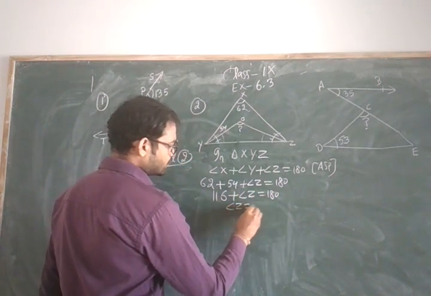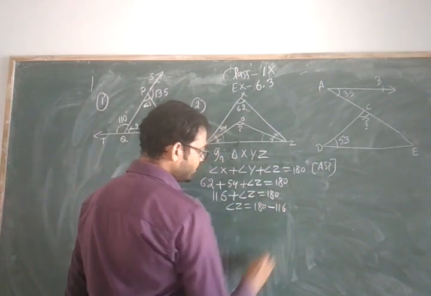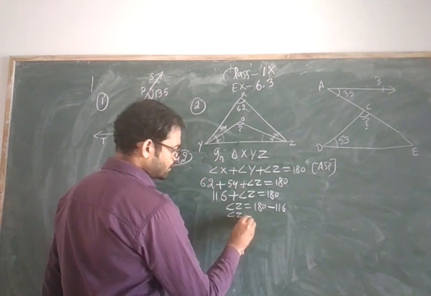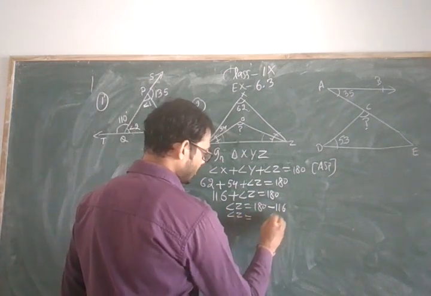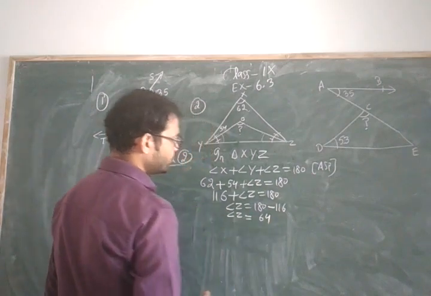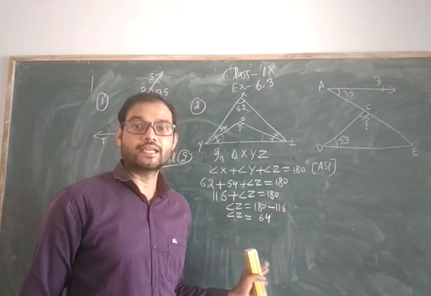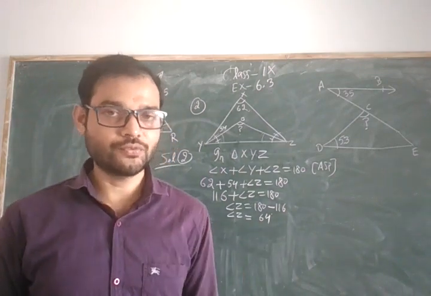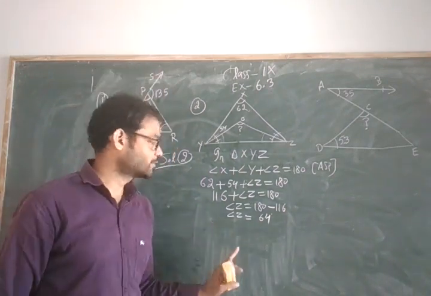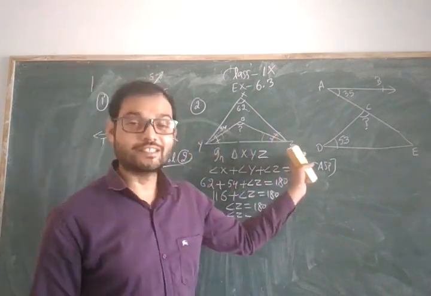So angle Z is equal to 180 minus 106, so angle Z is equal to 74... so now you can see that angle Z is 64 degree. Okay, so now we know both angle Y and angle Z.